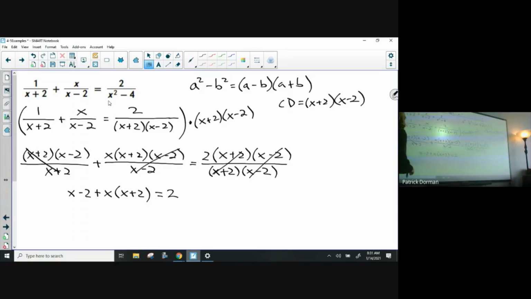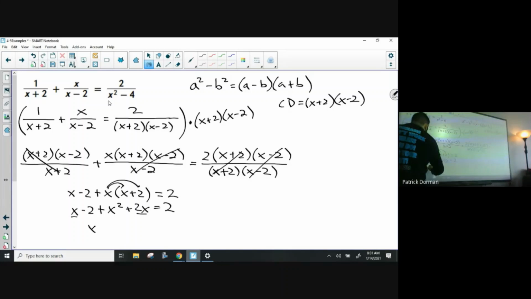It's time to distribute and combine like terms. First, the distribution part. x times x is x squared. x times 2 is 2x. Boom, shakalaka. Let's go ahead and combine like terms. I've got an x and a 2x that can be combined.